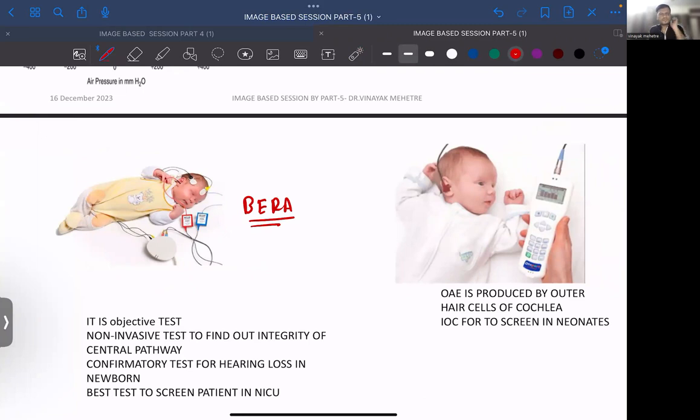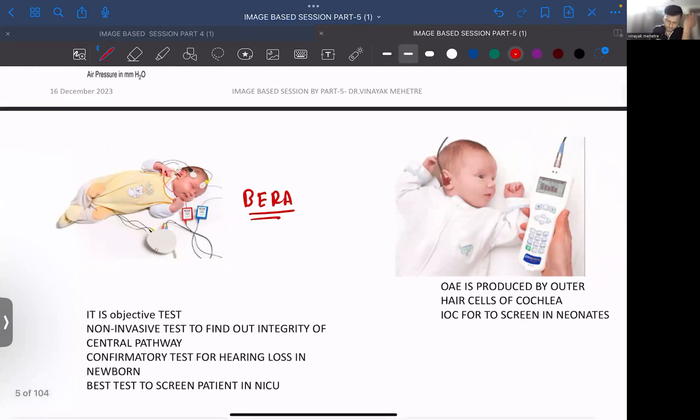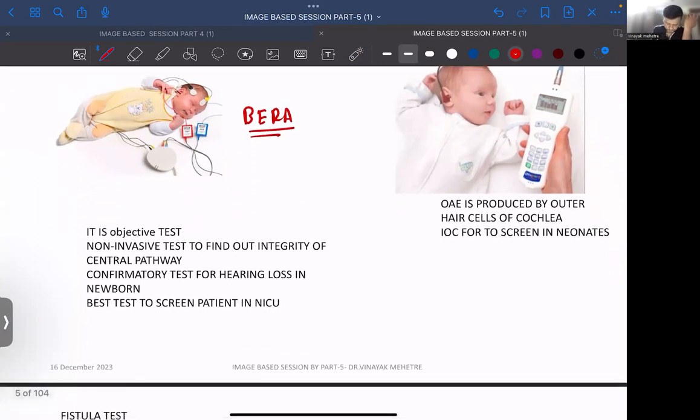So what are we going to monitor? Brain evoked response. In this, remember, it is the confirmatory test for hearing loss. Okay, but it is not a screening test.